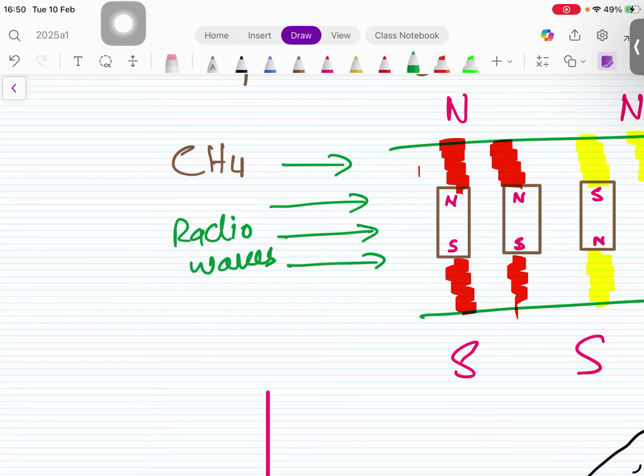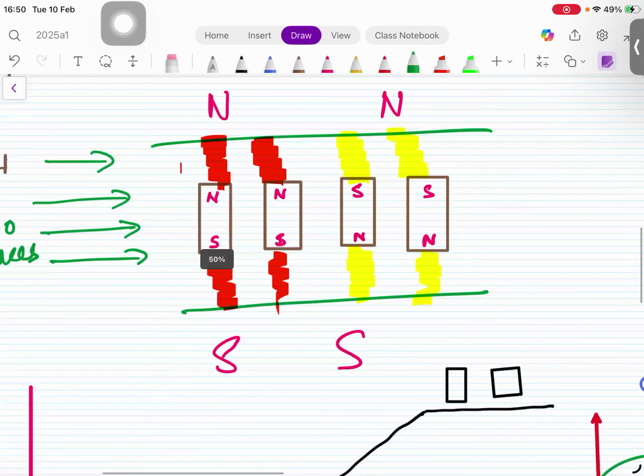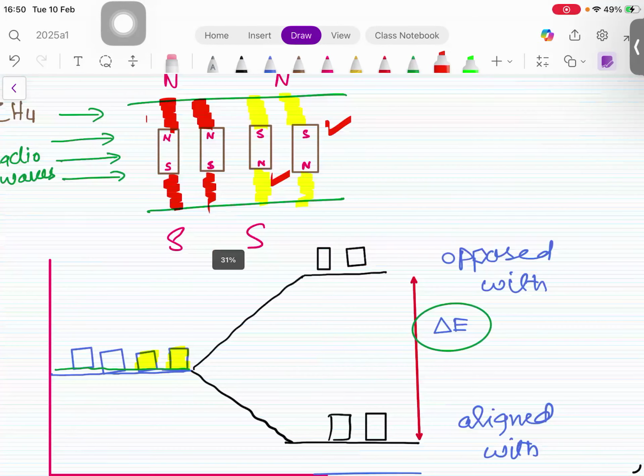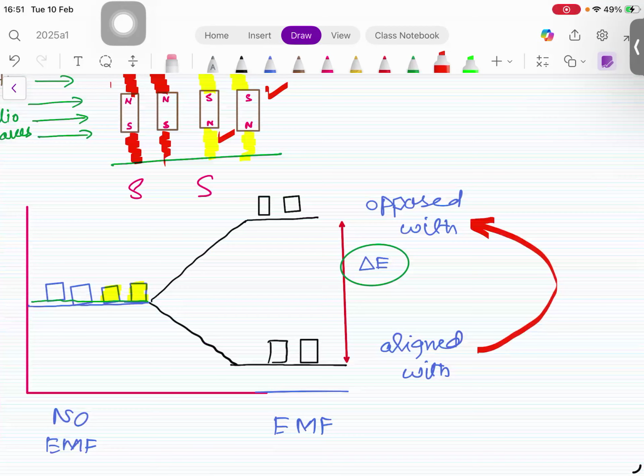When I pass the radio waves on them, these two, which are actually aligned and are at lower level of energy, they absorb radio waves and flip to higher energy state from this point to this point. And why do I give the radio waves?